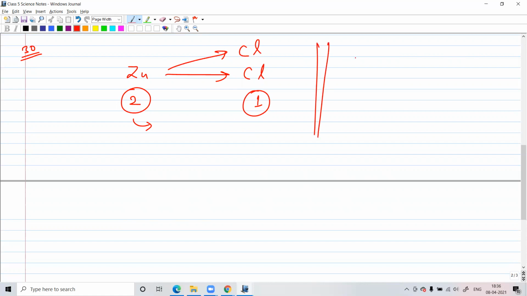That is why when they bond together, they make ZnCl2 and not just ZnCl, because ZnCl will not be stable. This zinc can give away 2 electrons. This one can take only 1. So if you want to take 2, there have to be 2 atoms of chlorine. Does it make sense? Yes, sir.